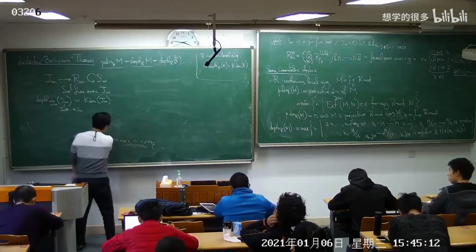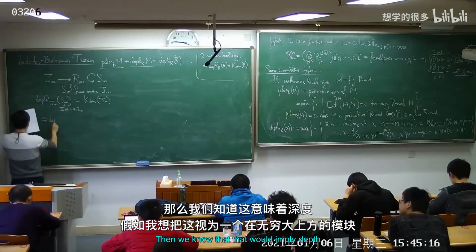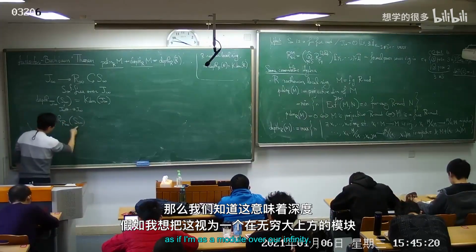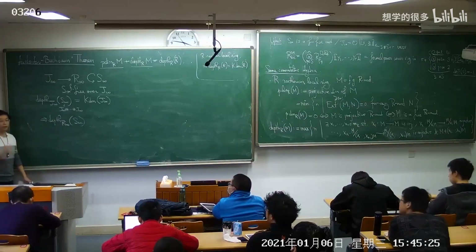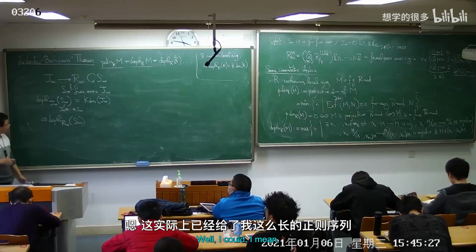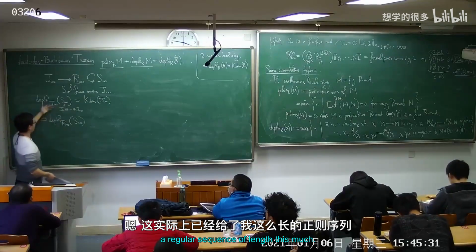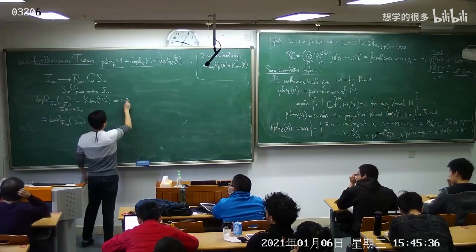Okay. Then we know that would imply the depth of. If I want to think of this as S infinity as a module over R infinity, I want to look at the maximal length of a regular sequence. Well, this already gives me a regular sequence of length this much. This is R plus 3s plus 1.